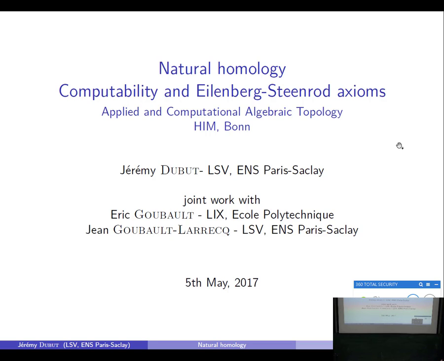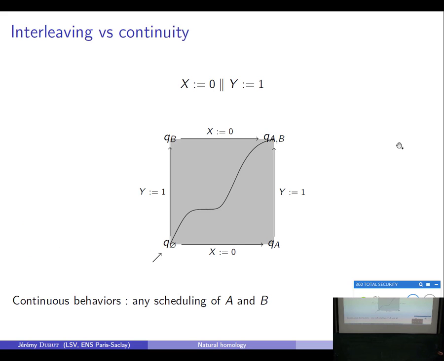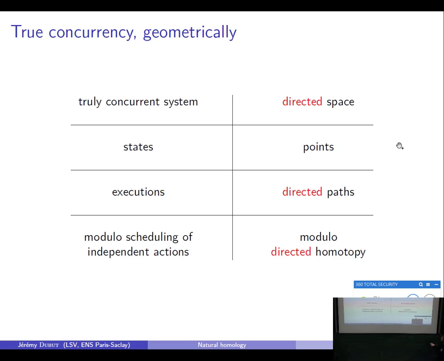Well, I'm sorry, because there will be a non-empty intersection with the previous talk, so maybe I should skip some true concurrency. And what you have to remember is that we model concurrent systems geometrically with some directed spaces, and executions will be modeled by directed paths in those topological spaces.